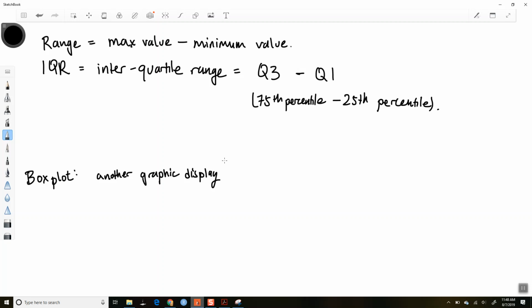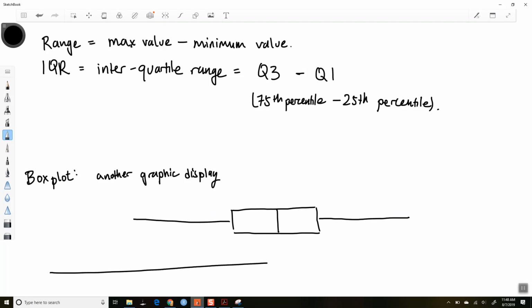So the box plot removes a lot of detail and just gives you a box and a line and maybe a line sticking out of it, okay? And there's usually some kind of number line, okay? So I don't know, 10, 20, 30, this is not evenly spaced out, okay?